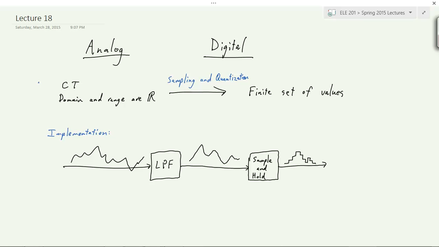Something like that. Then you're going to have an analog to digital converter. And what this does is, for each of those samples, rather than just some real valued signal coming in, the output is some bits that describe that value.